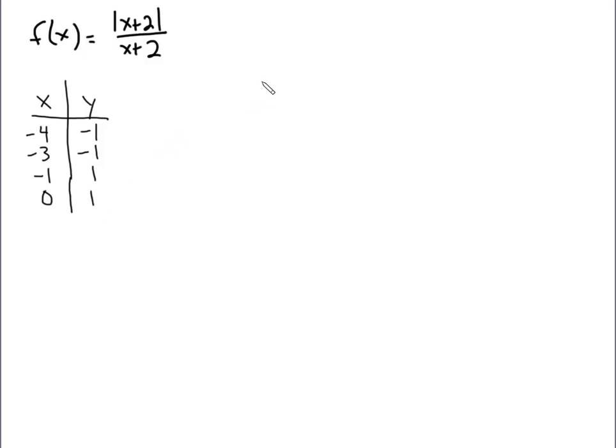So what the graph overall looks like is something like this. At -2 we've got that problem value, but for all the other values of x there's no problem.